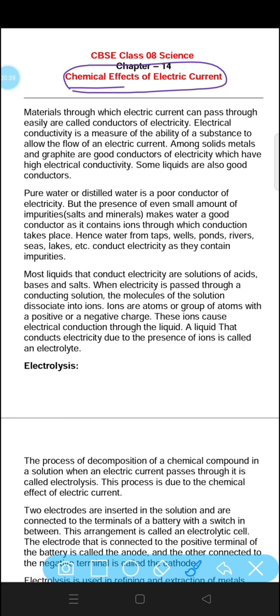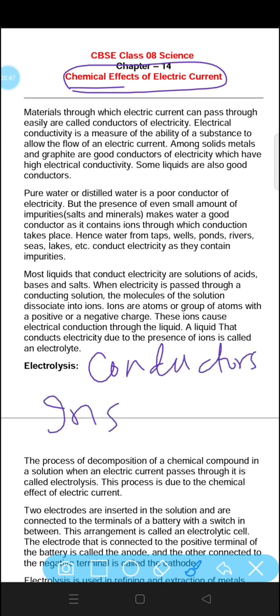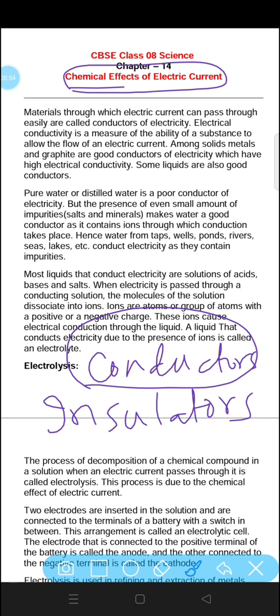Now first of all, before studying the chapter, let us know about conductors and insulators. Conductors are those materials which allow electricity completely to pass through them. They are called conductors.